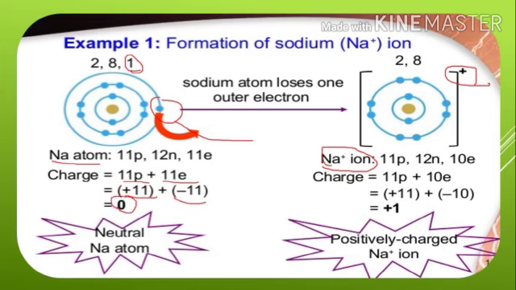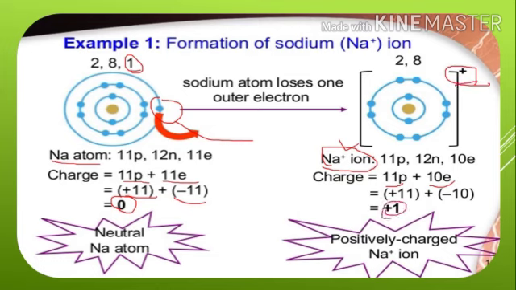In case of sodium ion, there are 11 protons and 10 electrons. So, in this case, there is one more proton than electrons. And due to one more proton than electrons, a sodium ion has 1 unit positive charge.